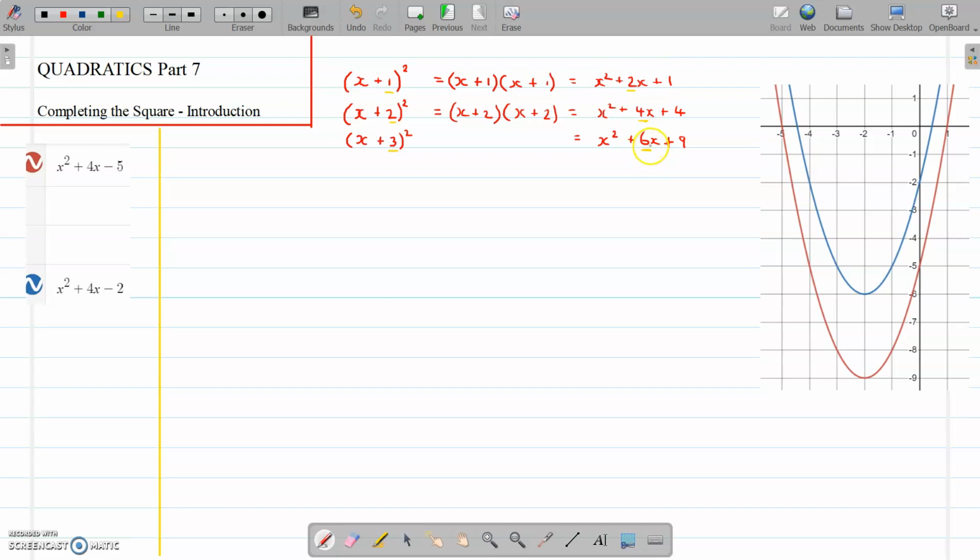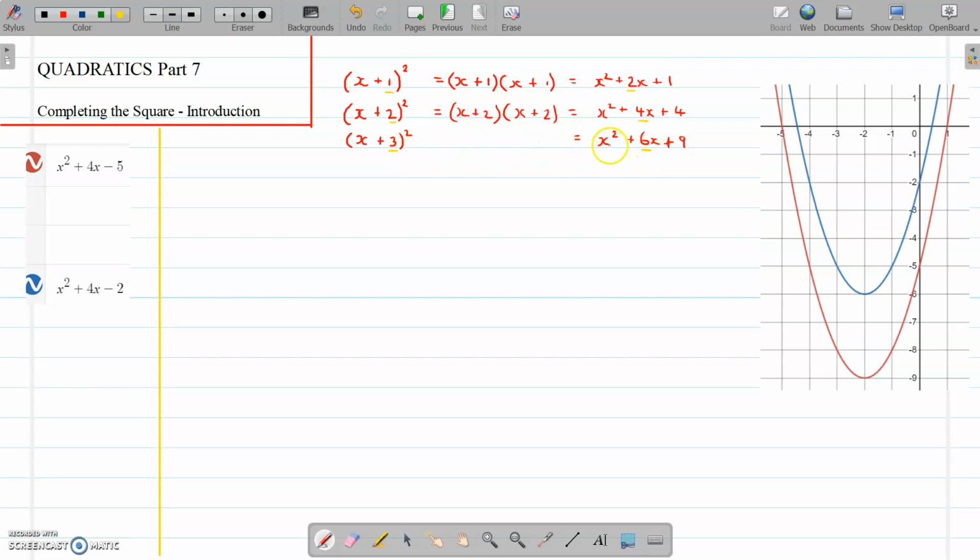Because what we try to do when we complete the square is make a perfect square from something like this or this, and then see what's left over. Now if I were to play this backwards, this one here for example, I know that that is equal to x plus 3 all squared with nothing left over.